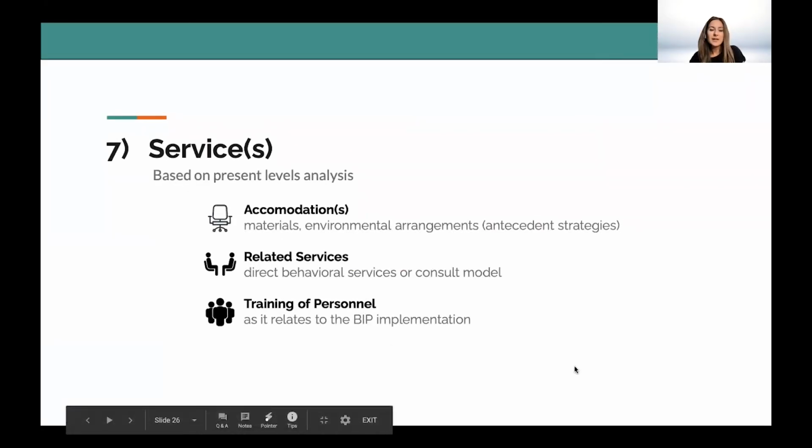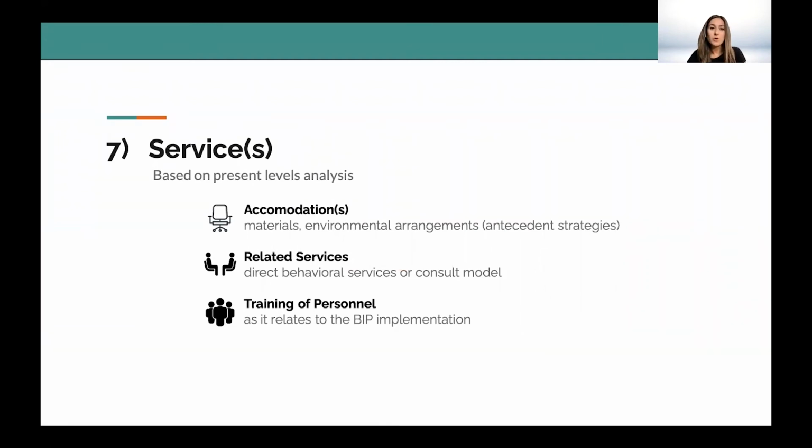And our last but not least component of a behavior intervention plan is the section for services. And these are accommodations that are needed for the student to prevent the maladaptive behavior. And so they relate very well to the antecedent strategies that we talked about before. And this could be materials, so visual stimuli, right?